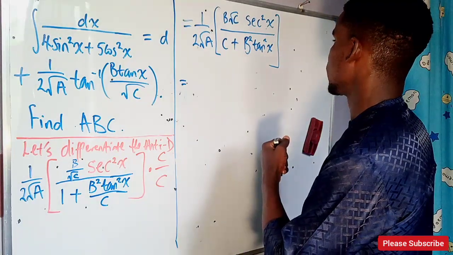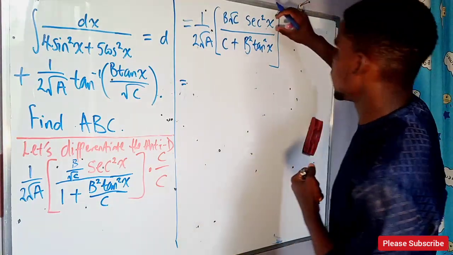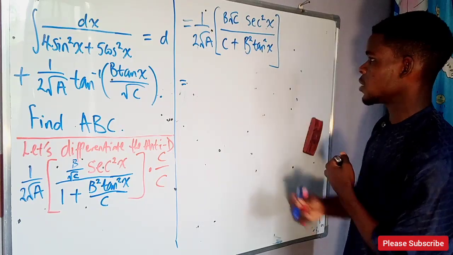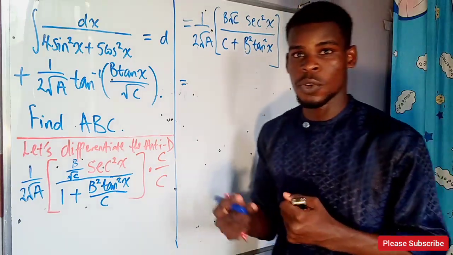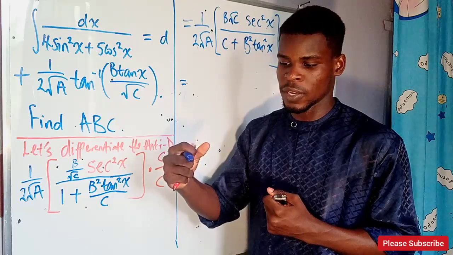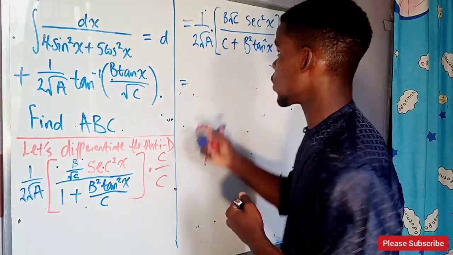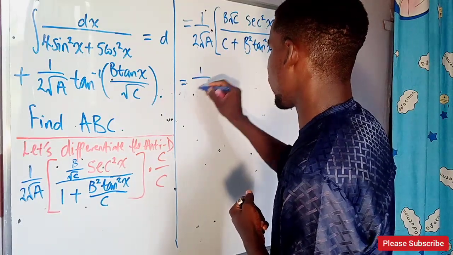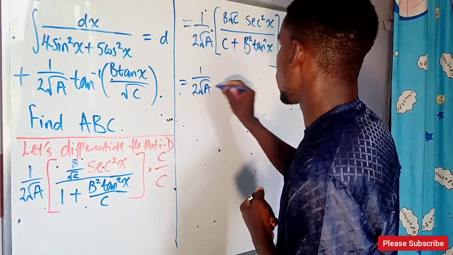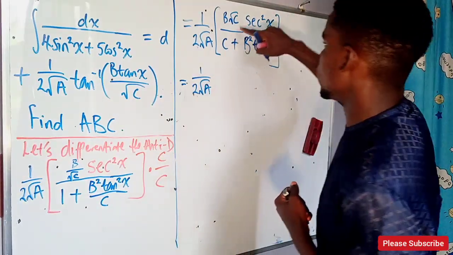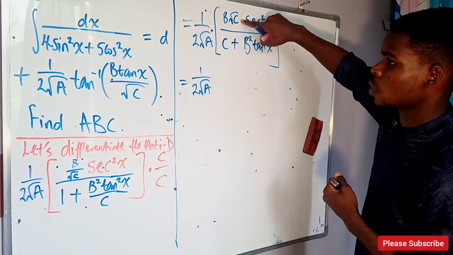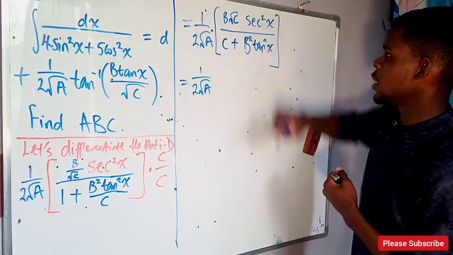From here we can rewrite secant squared and tangent squared. Secant is the same thing as 1 over cosine, so secant squared will be 1 over cosine squared. Tangent squared will be sine squared over cosine squared. In fact, we're going to have 1 over 2 times the square root of a. You notice again that this is square root of c divided by c.